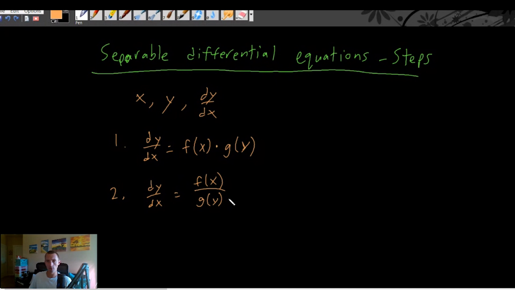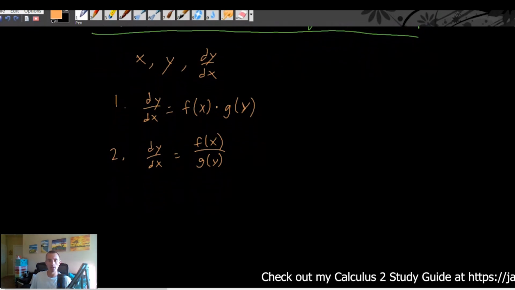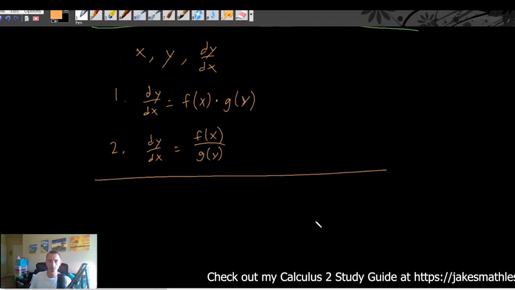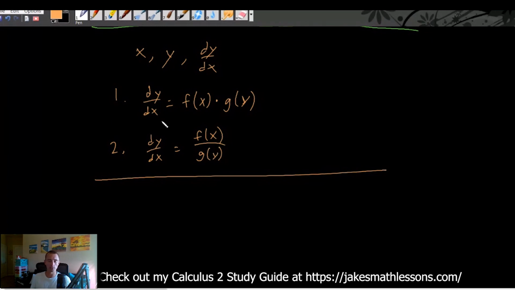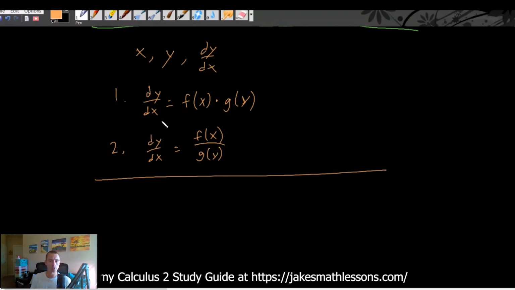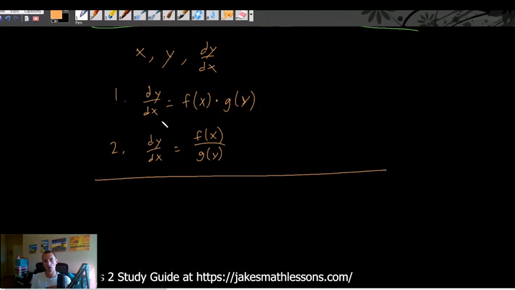So from there, the first step, like I said, is you would want to get it into one of these two forms. Once you've gotten it into one of these two forms, the next step is to separate your x terms on one side of your equation and your y terms over to the other side of the equation.